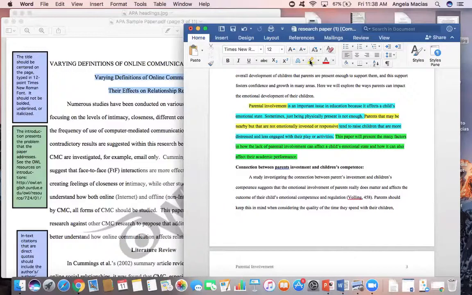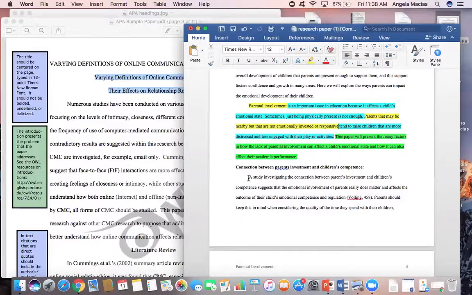If we're going to introduce a topic like this, and maybe this paper will go on to explain in more detail what we mean by emotionally invested, but if not, then we've just made a really big statement here and we didn't really explain it. So it's kind of dangerous if we start off like this and we don't really get into this.